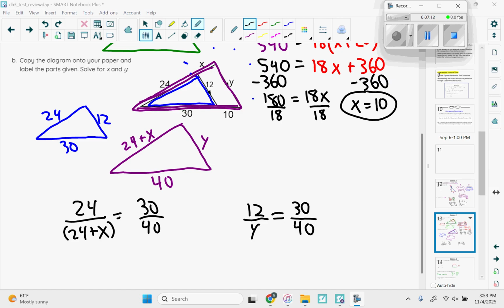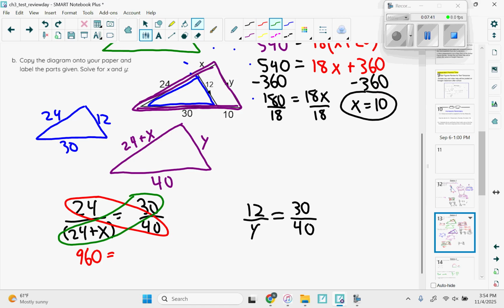All right, so 24 in the little triangle over 24 plus x in the big triangle equals 30 in the little triangle over 40 in the large triangle. I'm going to go ahead and cross multiply. 24 times 40 is 960. And on the other side, 30 times 24 plus x, that's in parentheses. That's going to turn into 30 times 24 is 720, and 30 times x is 30x.